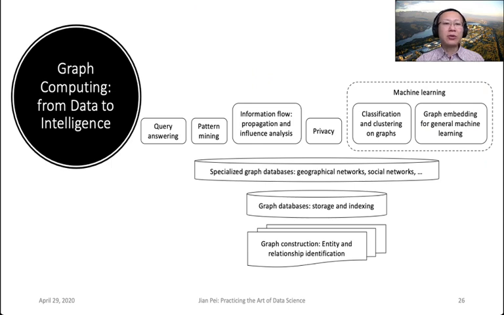And we also look at specialized graph applications to build specialized graph databases, such as geographical networks and social networks. On top of the graph databases, we conduct different kinds of applications, including query answering, pattern mining, information flow, propagation, and inference analysis, privacy preservation, and machine learning.